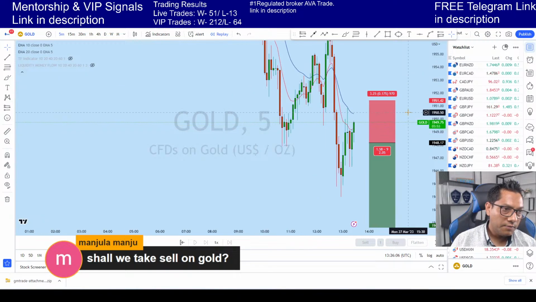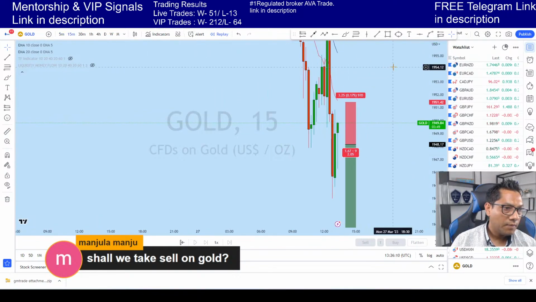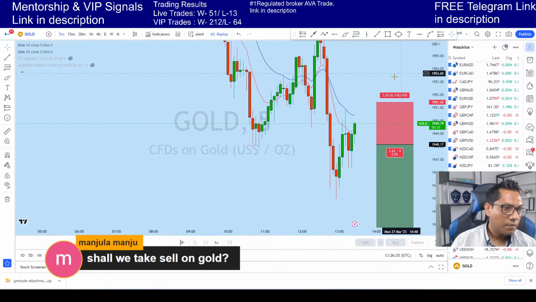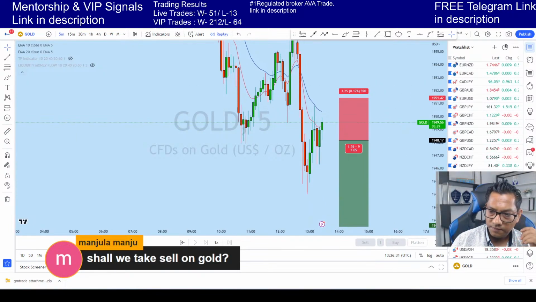Okay, so this is the support level here. As I mentioned, it's a very tight stop loss.